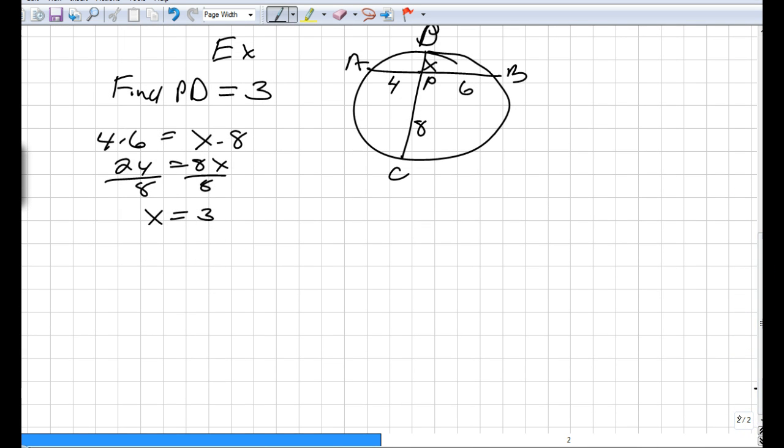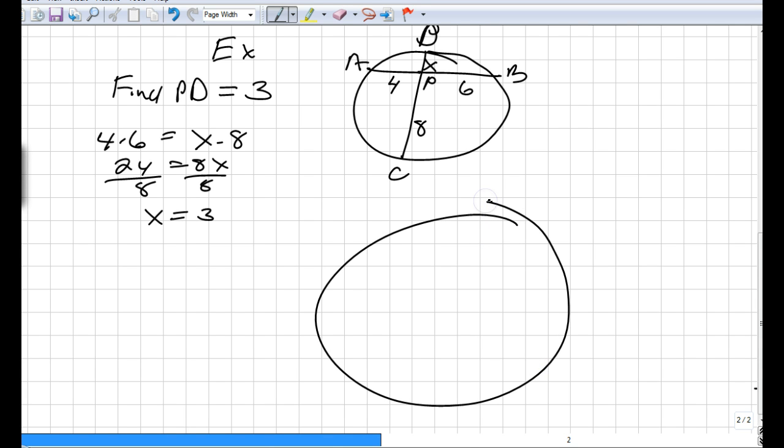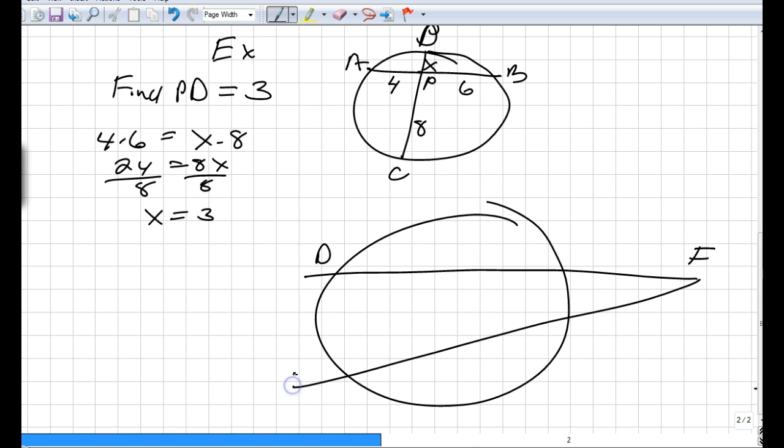So in this one, I have a circle, and I have secant DF, and I have secant FH.